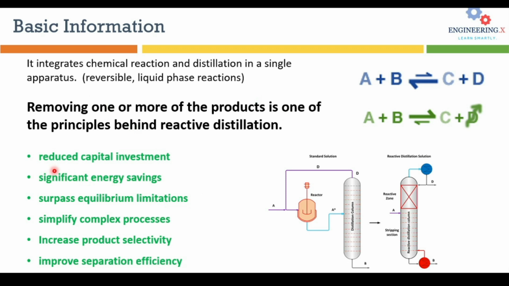Number one, it will simply reduce the capital cost. Also, it will lower the energy requirements significantly, and obviously it will surpass the equilibrium limitation for the reaction, and also it simplifies this complex process and increases the product selectivity as well as improves the separation efficiency.